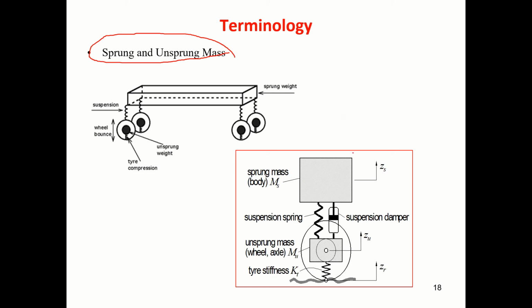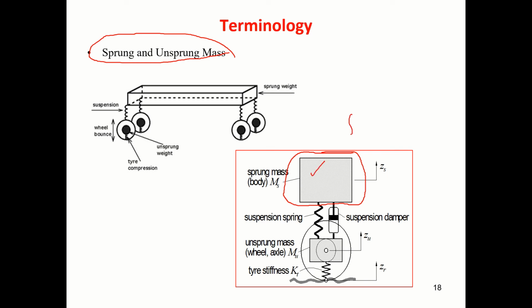So, the vehicle, the part in which the occupant sits, you can call that part the sprung mass. That includes your frame, the body, the powertrain, all this is called sprung mass.